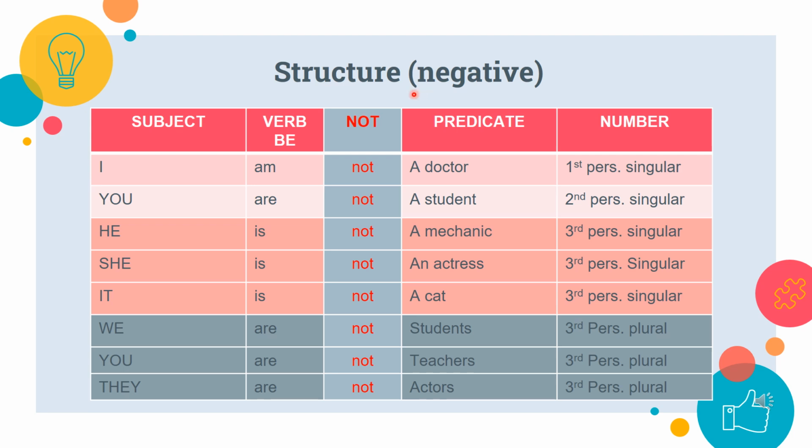We only add the word not. So in affirmative it is I am a doctor. And for negative, I am not a doctor. You are not a student. He is not a mechanic. She is not an actress. And so on.